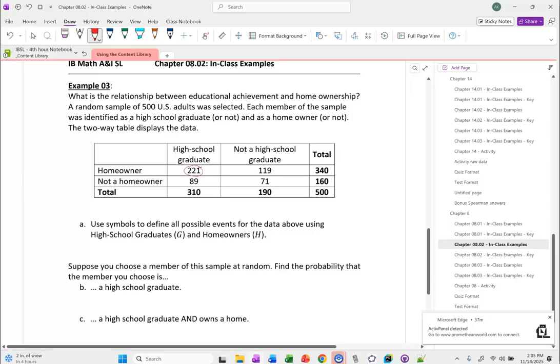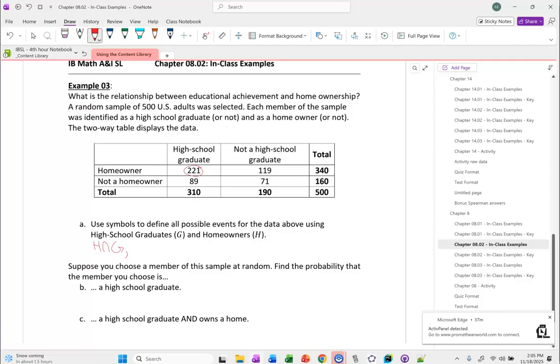What is this one? H and G, correct? That 221 is people that are homeowners and high school graduates, correct? Yes.